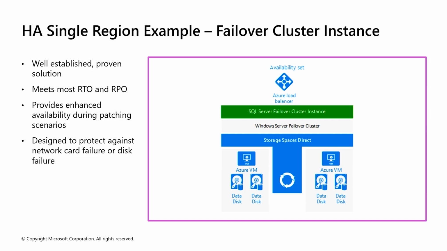SQL benefits include full instance-level protection, minimal downtime, and compatibility with existing Windows-based SQL Server deployments. SQL use cases include high availability configurations for critical workloads that require continuous access and resilience against hardware or maintenance-related disruptions.